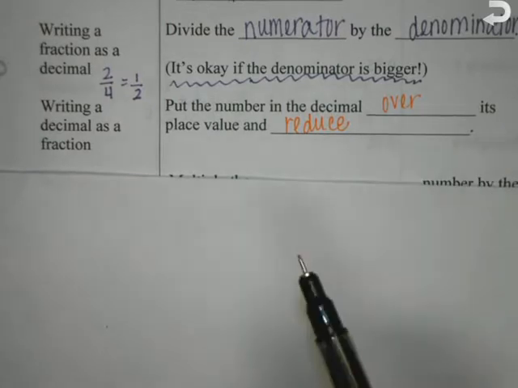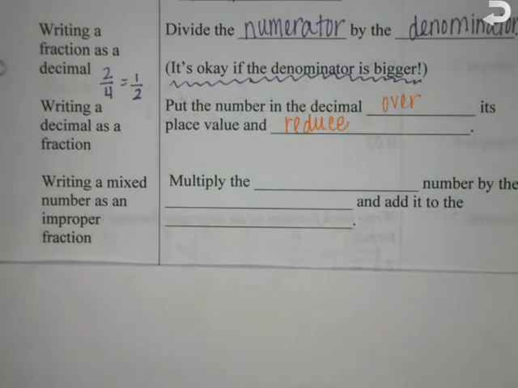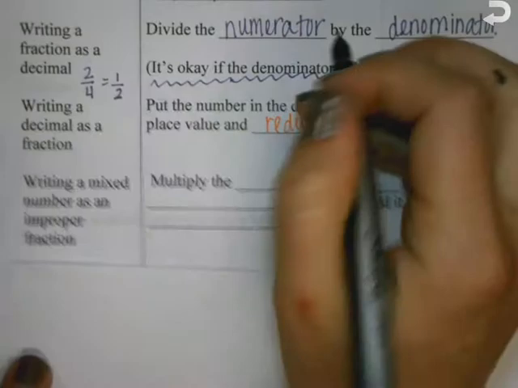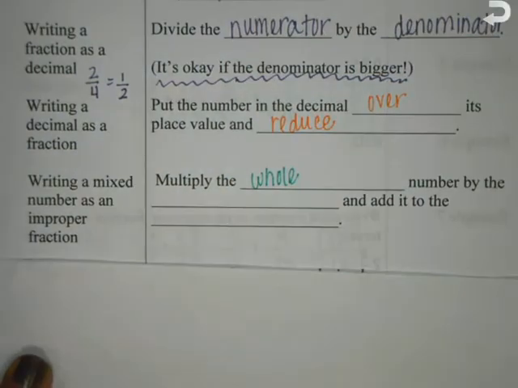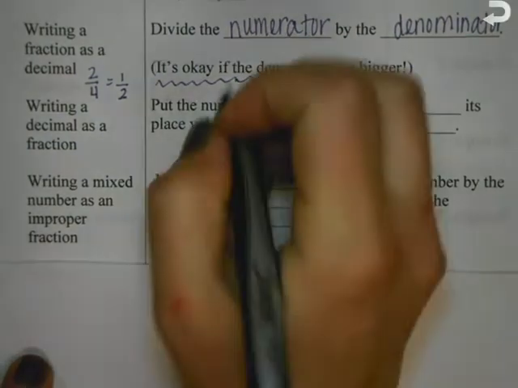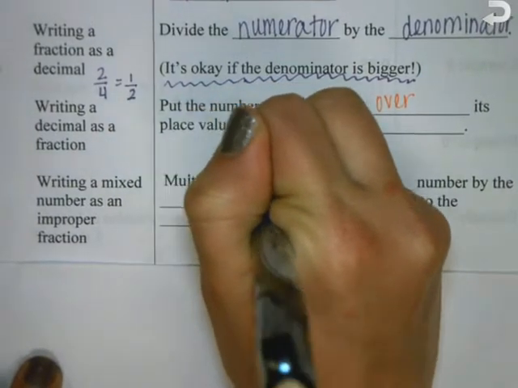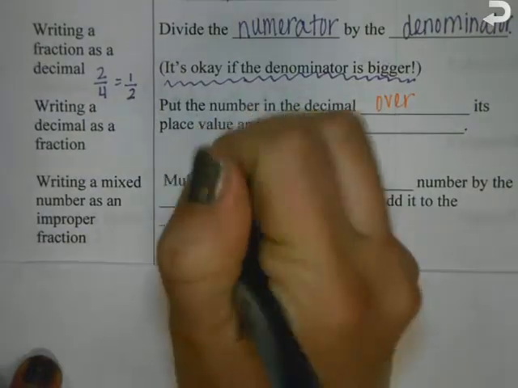Okay, some more information. How do I convert a mixed number to an improper fraction? I multiply the whole number. Now, we've already done this. I multiply the whole number by the denominator. And then I add it to the numerator. And then put a note next to it.